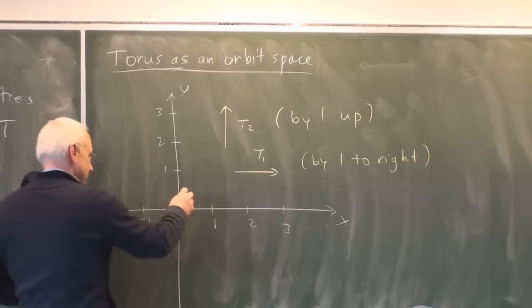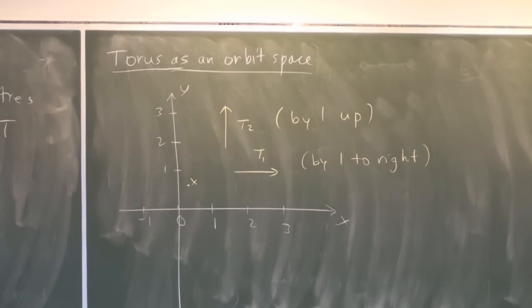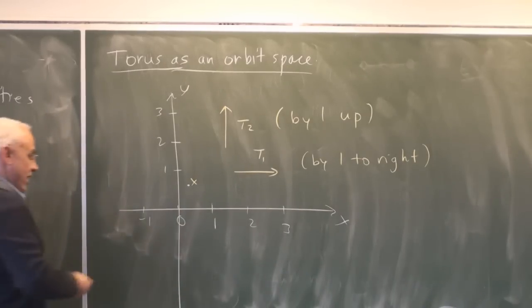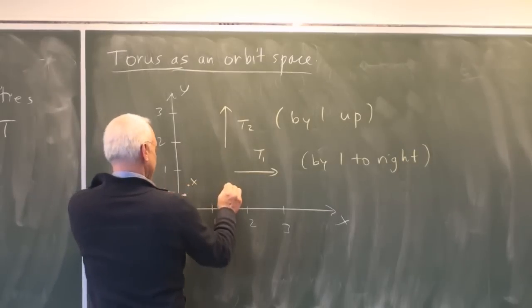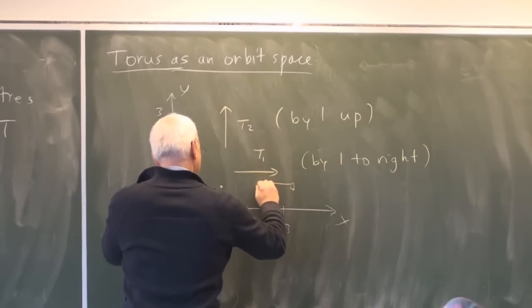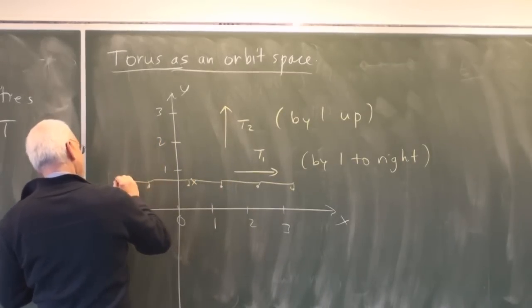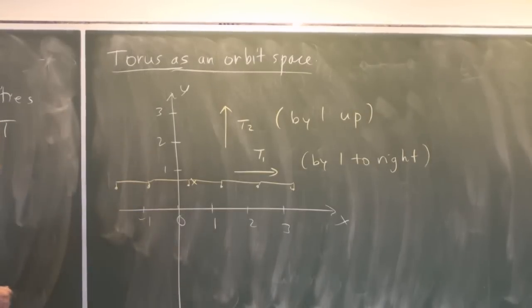Okay? And it's perhaps easiest to visualize if we think about what it does to a point x. So we're allowed to translate by 1 to the right. So we get that same kind of orbit that we did for the cylinder. Okay, I'll connect them like this, and also to the left. But now we're allowed to take any one of those points and also translate by 1 up.